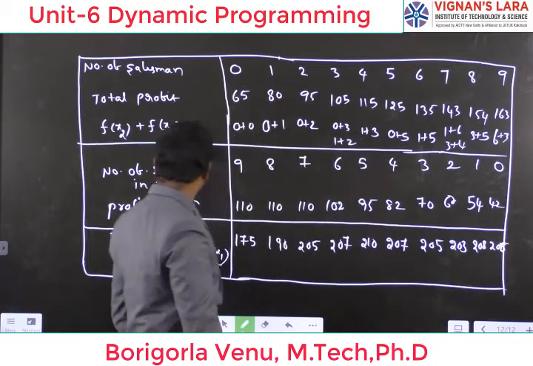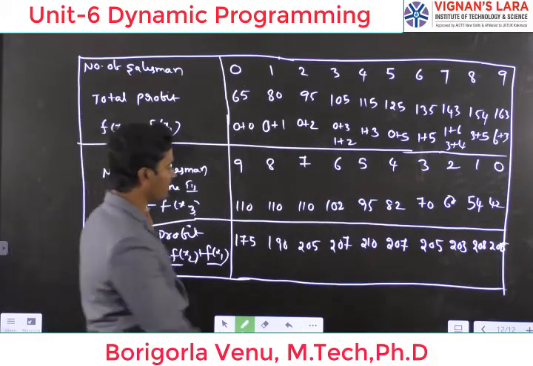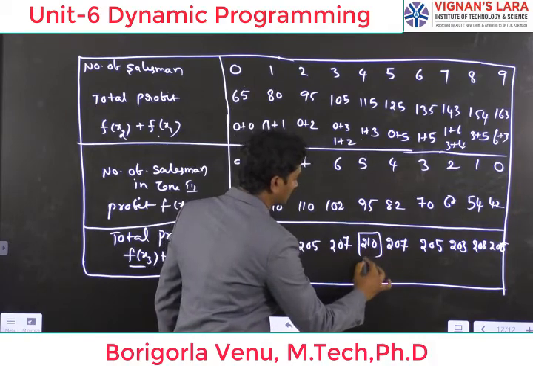Here the maximum total profit is 210. So we get 210 as the maximum profit.